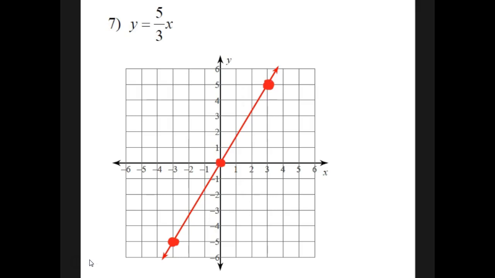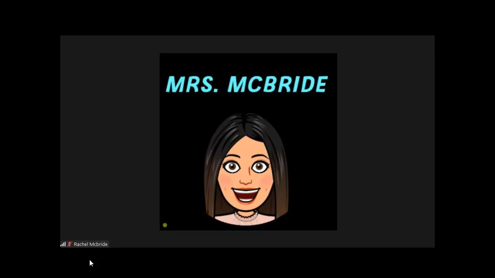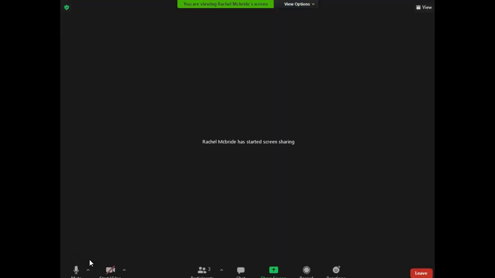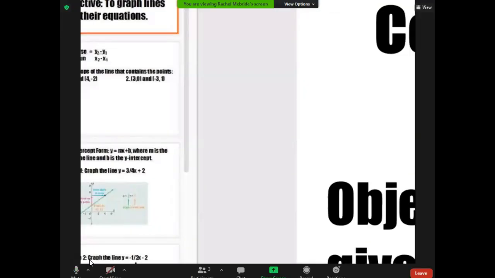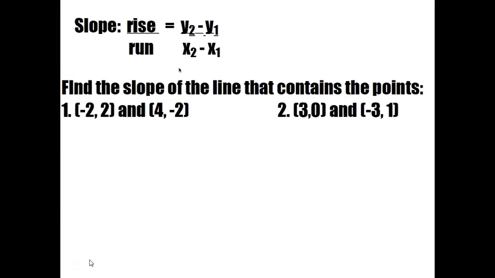So we are going to pick up where we left off in our notes. So we're still graphing those coordinate lines. On Friday, when we looked at lines in the coordinate planes, one of the things we talked about to start the class was slope.